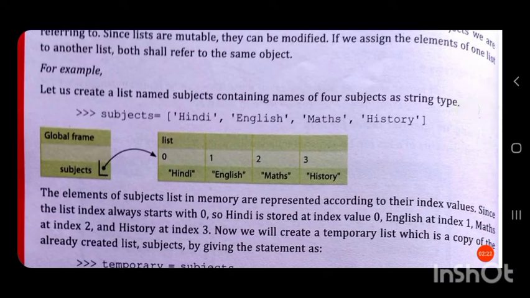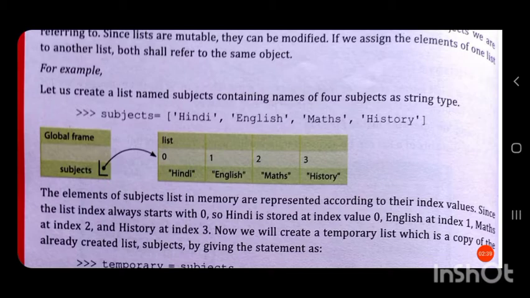Since the list index always starts with 0, Hindi is stored at index value 0, English at index 1, Maths at index 2 and History at index 3.